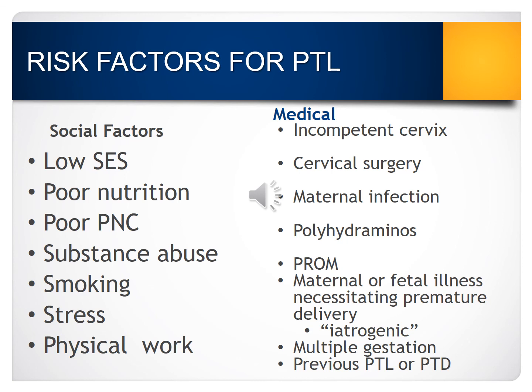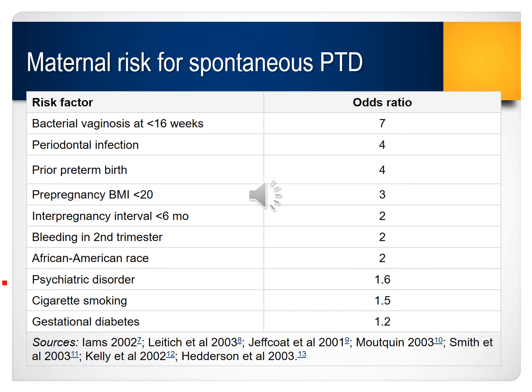With all these risk factors that we know, still about half of preterm labor happens to women with no identified risk factors. So when we do know that there are some risk factors, we can be aware, but just know that women who may present healthy may still develop preterm labor and preterm delivery.